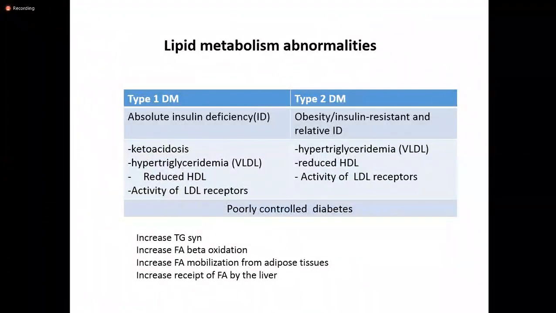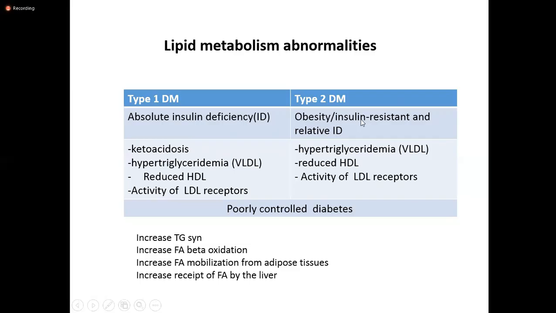Yes, madam. Okay. Now, just for you to understand the two differences. She was sending me many questions, right? But she's not there in the tutorial. Type 1 diabetes. What is the problem in type 1 diabetes? Absolute insulin deficiency is there. Type 2, insulin resistance plus or minus relative insulin deficiency.